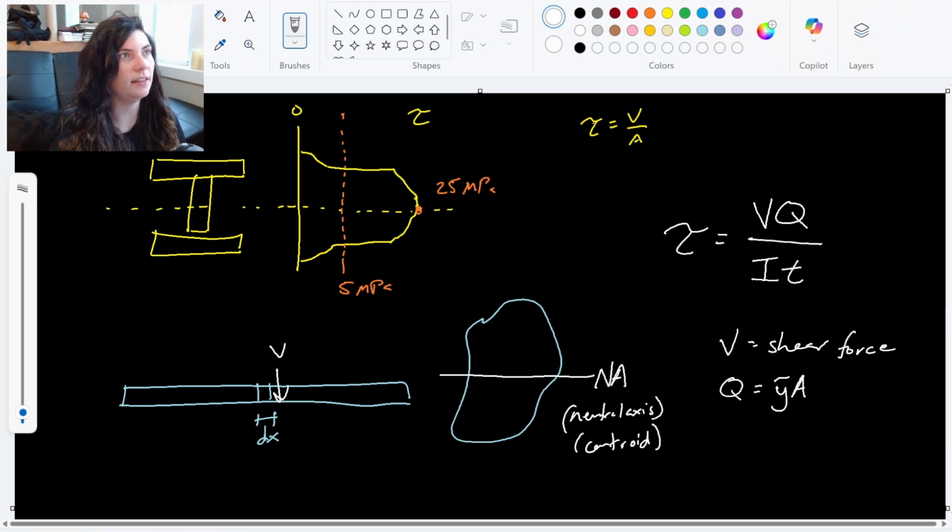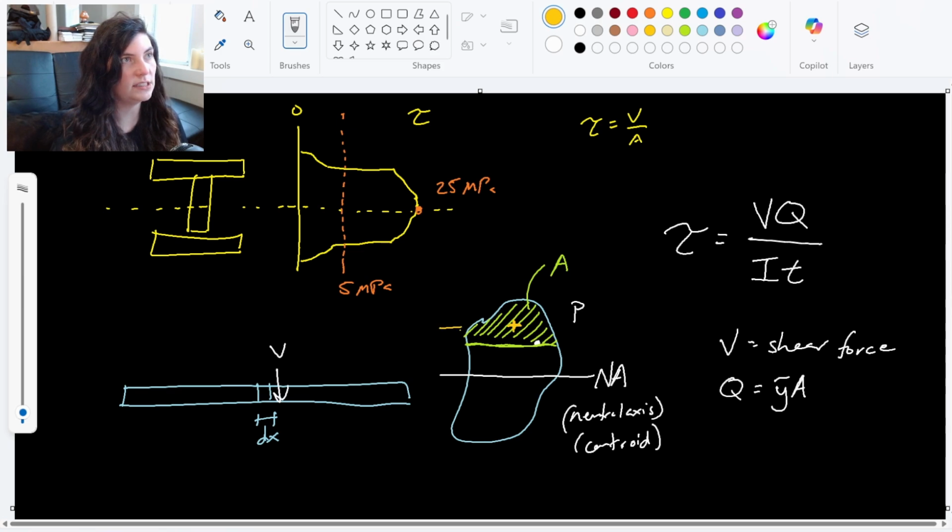So let's say that I wanted to find the shear stress at this exact point. Call it point P. Then my area is going to be this cutoff line right at P, the entire area above that point of interest, A. And then we would get the centroid of this area, maybe it's about right here.